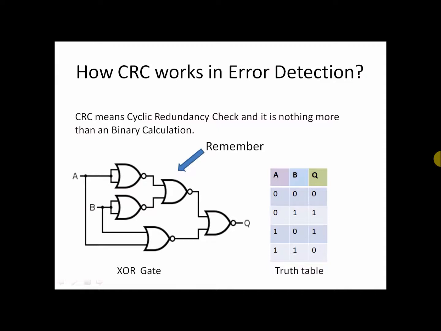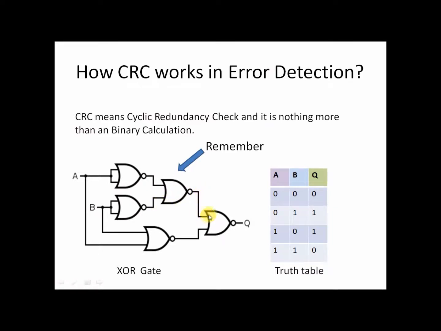Before knowing this, you should be aware of the XOR gate. If you are a student of electronics, or you have ever studied gates, then you might be aware of this diagram. If you are not, you might at least know the name, XOR gate, and you can see its truth table. A is connected to a NOR gate, and B is also connected to a NOR gate, and both are connected to another NOR gate.